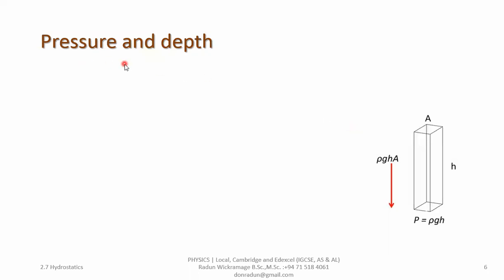Okay, let's talk about pressure and depth from the surface. If you take a column of fluid like this, having cross-sectional area A and height h, we are going to calculate how much pressure is exerted on the bottom cross-sectional area A. Let's take the weight of the fluid column, that is mg.